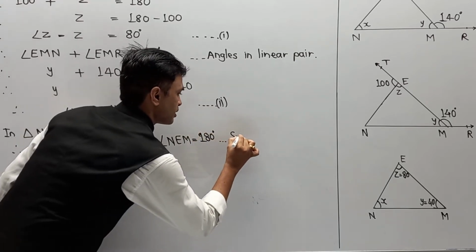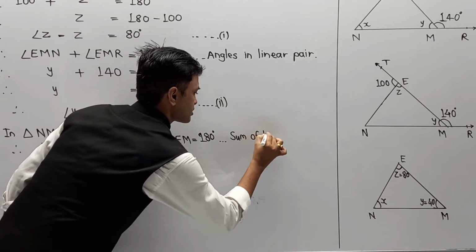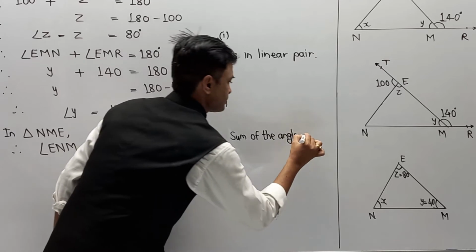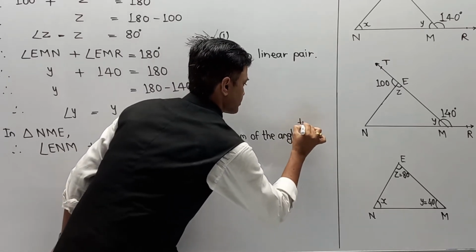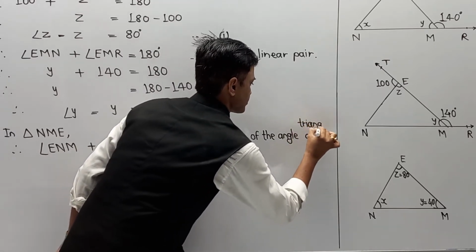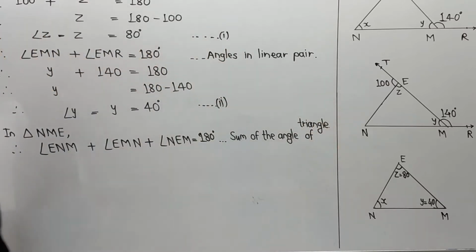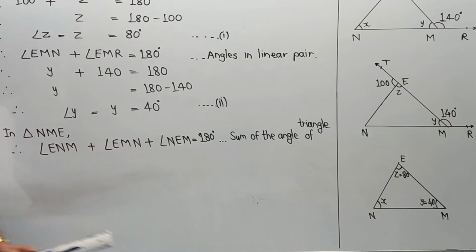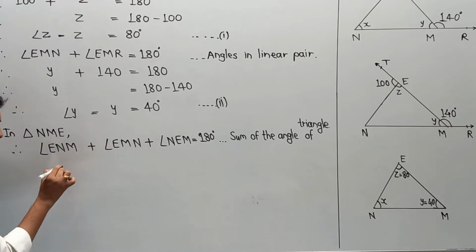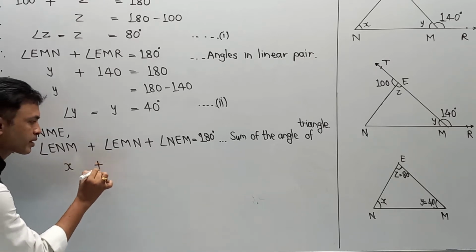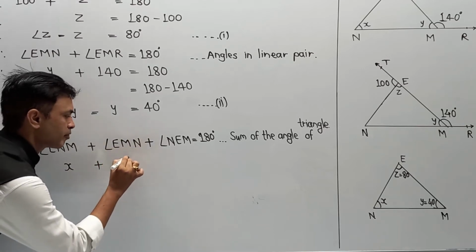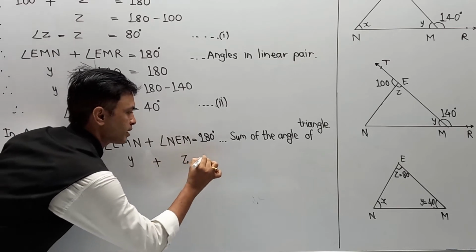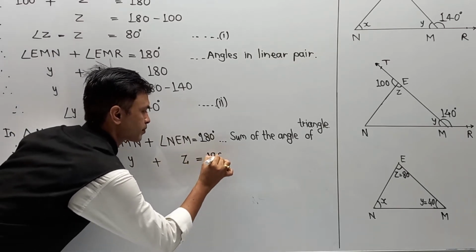Reason, sum of the angles of triangle. Now angle N plus M plus E, angle N, that is nothing but your X, angle M, that is nothing but Y, and angle E, that is nothing but Z, is equal to 180 degree.